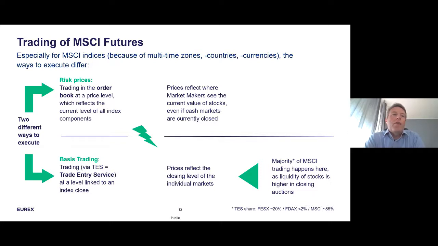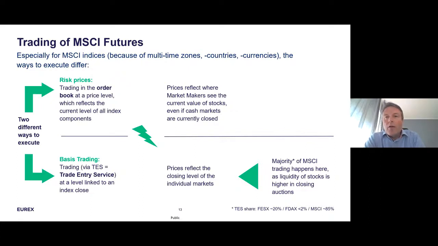So most people therefore tend to do what's called basis trading, using an index close and referencing their trade to that index close. Just to give you the figures for MSCI, as I said before, 85% of the trading happens via block trades, and most of that goes via basis trading, as the index close normally tends to be the point in time when the liquidity is highest on each of the cash markets.